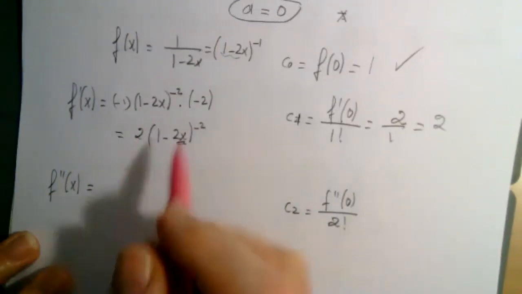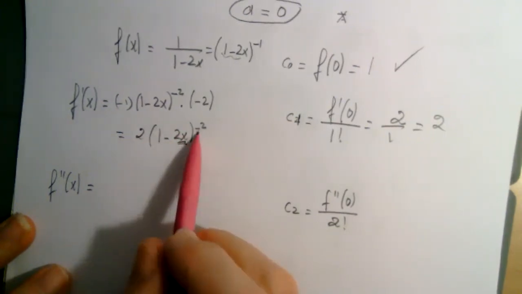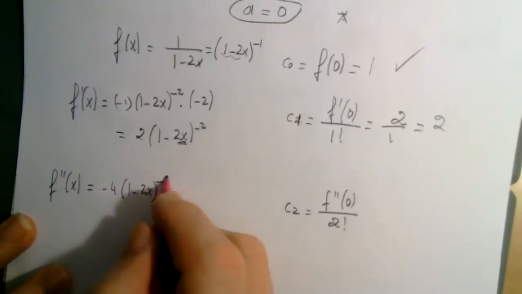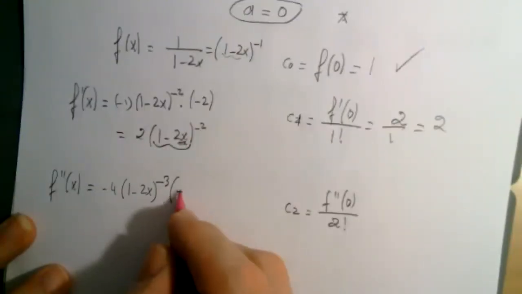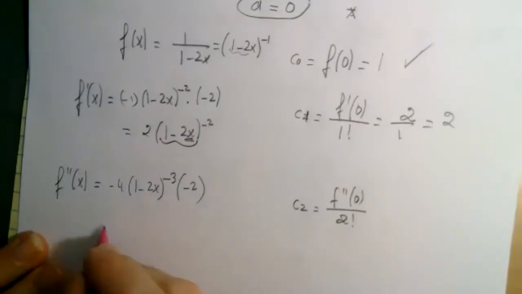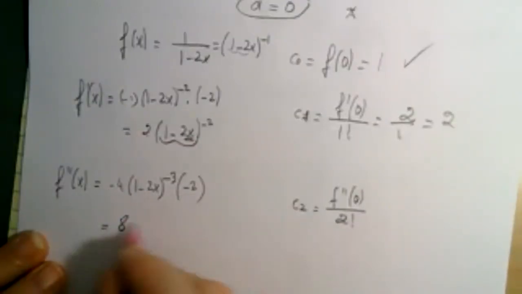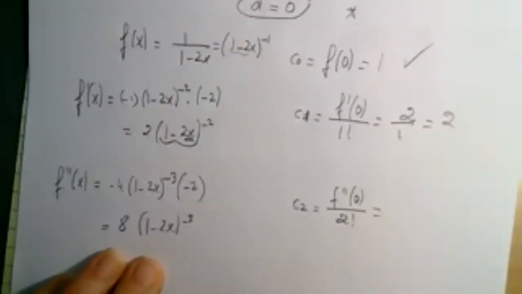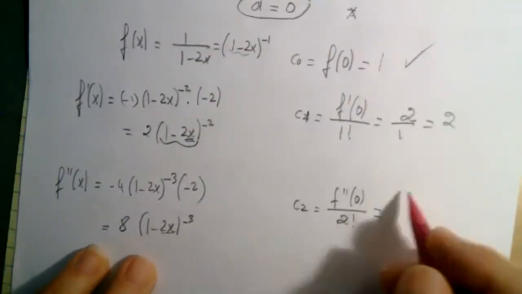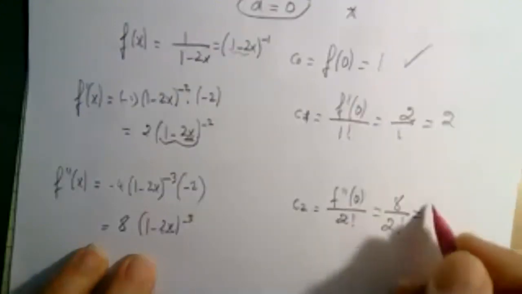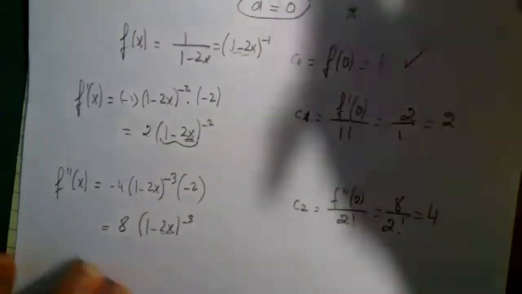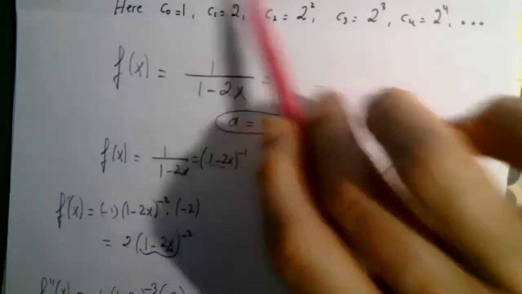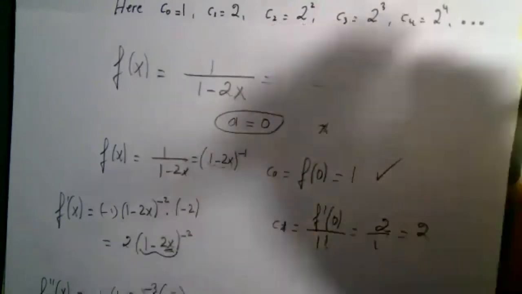The second derivative of f is 2 times minus 2, minus 4, (1 minus 2x) to the minus 3 times the derivative of what's inside, which is minus 2. It means minus minus plus, 8 times that. So what's the second derivative at 0? I plug in 0 here, I get 8 over 2 factorial, which is equal to 4. Again, this coincides with what we found by manipulating the geometric series, C2 equal to 4.